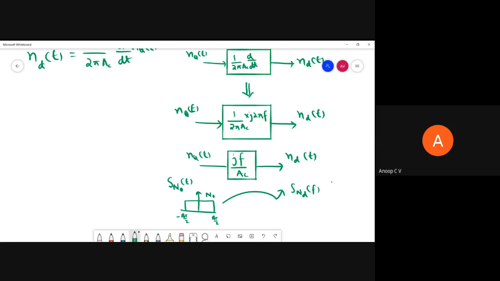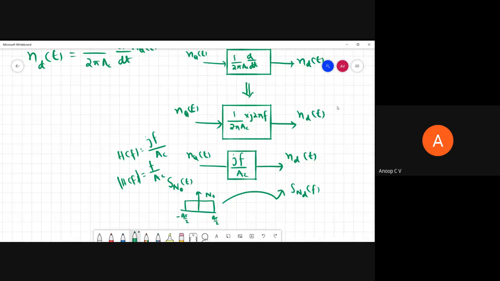This is our H of f, which is jf by ac. H of f is purely imaginary, and mode of H of f will be f by ac. Now please tell me what will be SND of f?